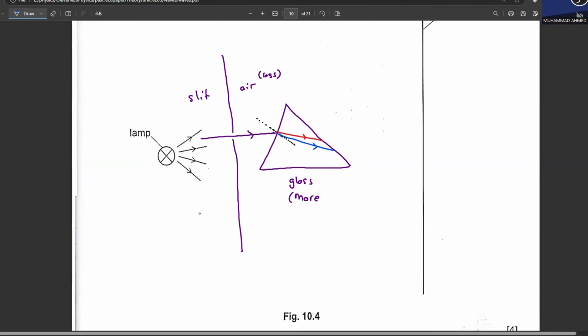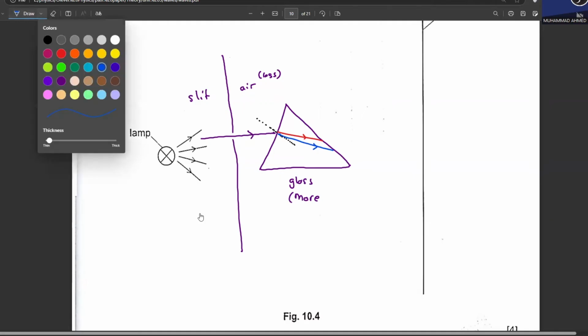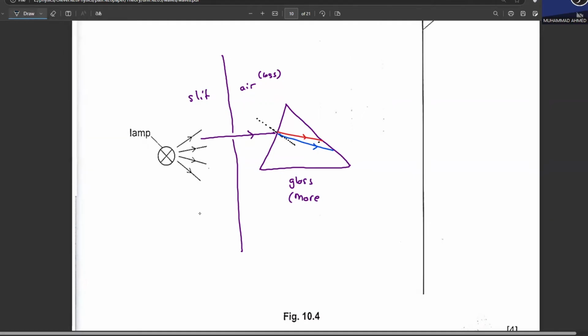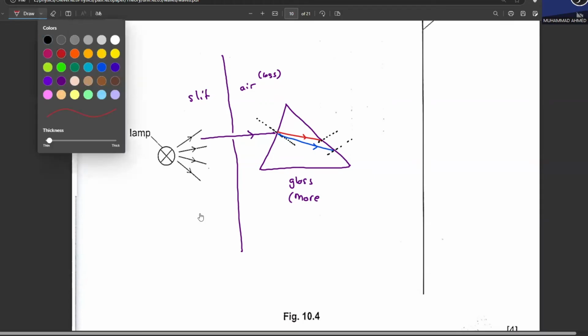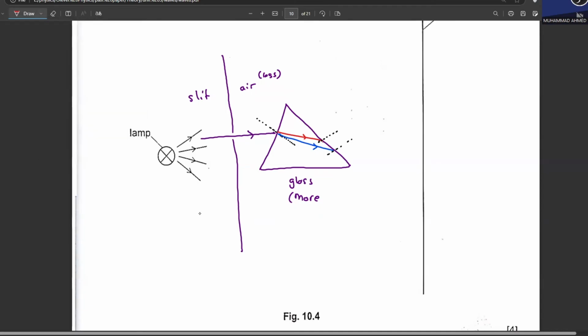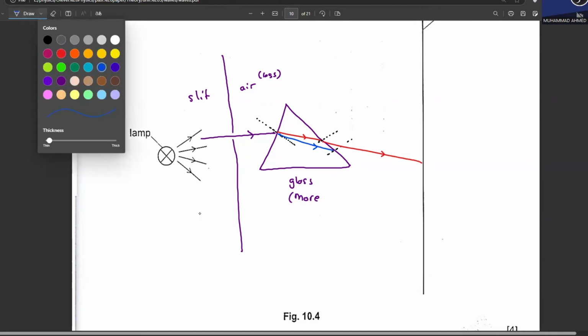And as soon as they strike the surface, what will happen? Again, they will bend. But now they are going from glass towards what? Glass towards air. Hence, they will bend away from the normal. Somewhat like this. And blue bends more.